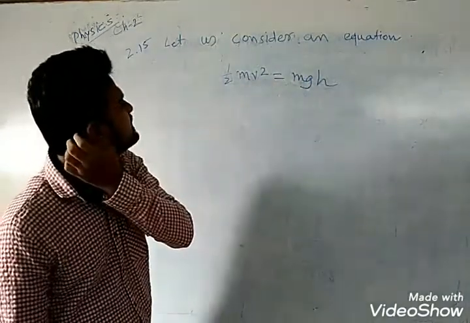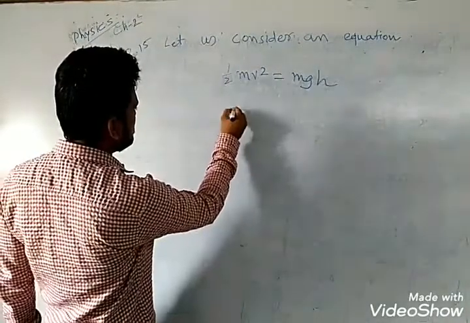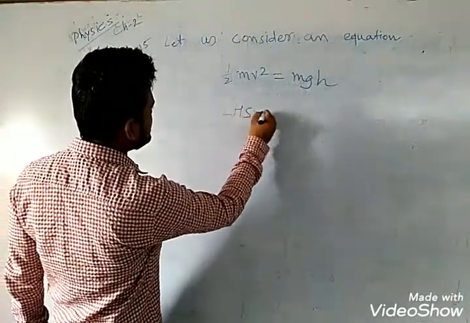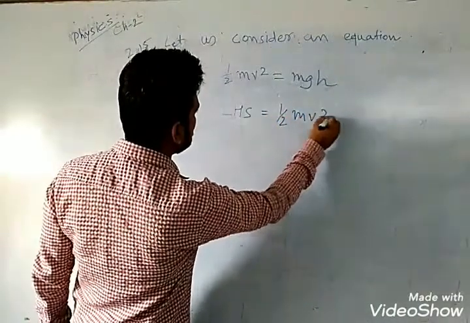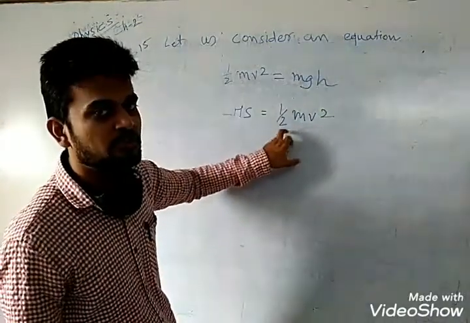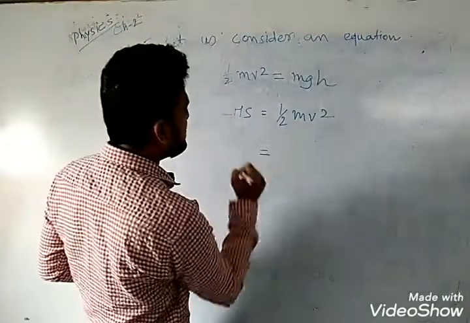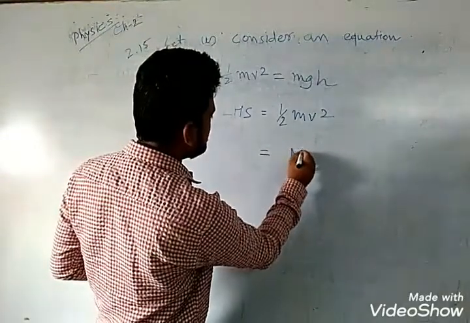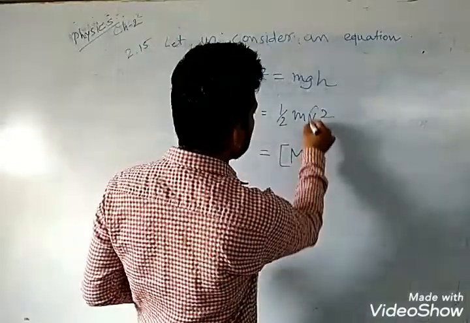So first we take the left hand side, which is equal to 1/2 mv². In this case we know that 1/2 is a constant value. So m means dimensionally M¹. Now this is the v.